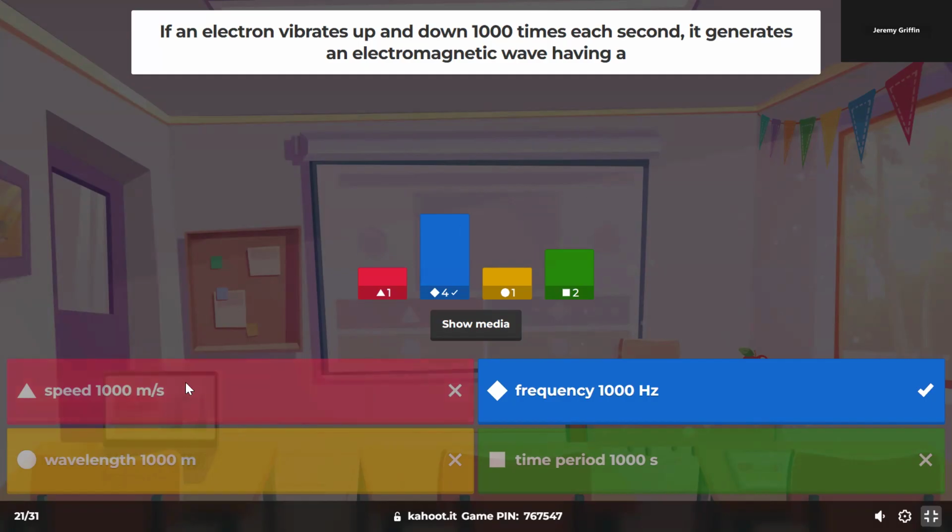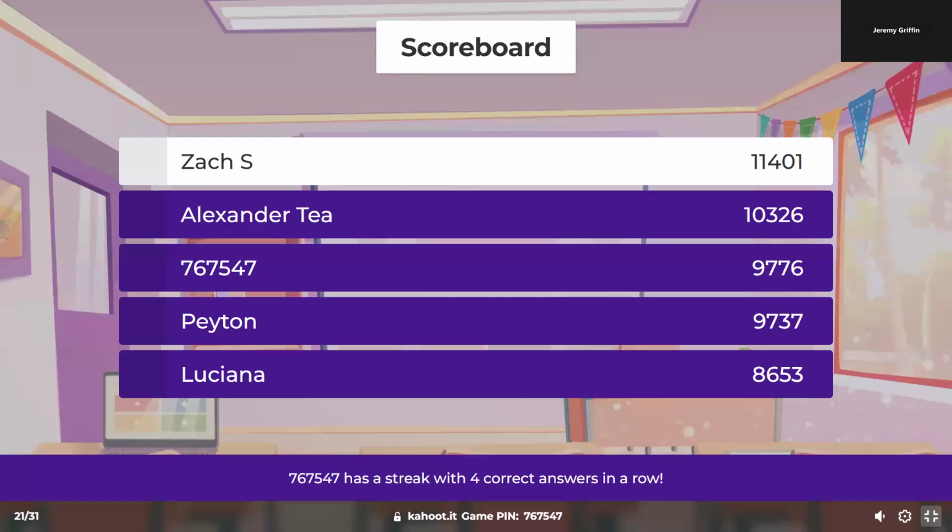So you guys know the speed of any electromagnetic wave is always going to be 3 times 10 to the 8 meters per second. Here we got the frequency is 1,000 hertz. You could calculate the wavelength. Speed is wavelength times frequency. And time period. Guys, what would the time period be? Would it be 1 over 1,000 seconds? Yeah, maybe a millisecond, wouldn't it?